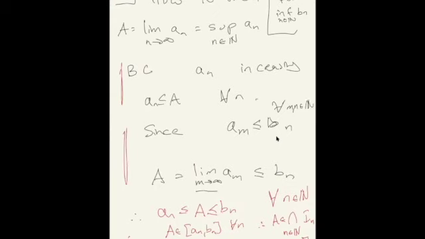If I take the limit on both sides in M, then we get that the limit as m goes to infinity of AM is less than or equal to the limit as m goes to infinity of BN, which is just BN on the right because BN is a constant, and the limit of AM as m goes to infinity is A. So you're right, this requires an argument.